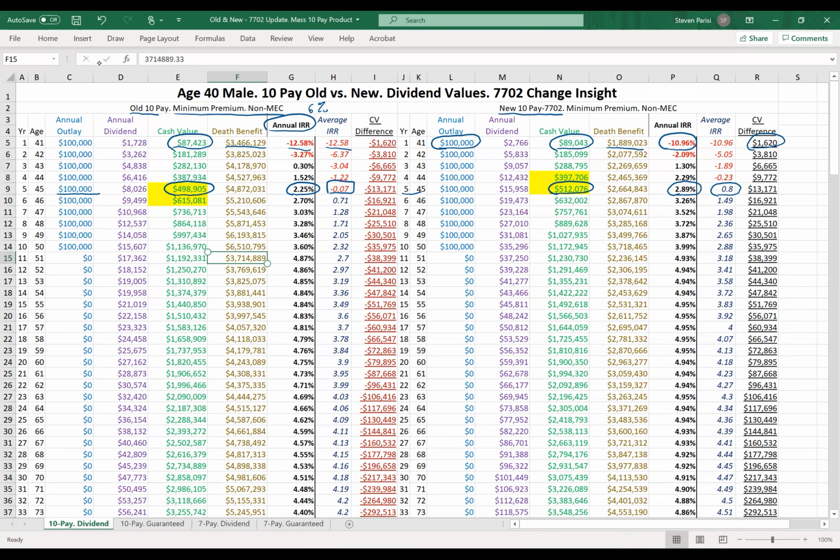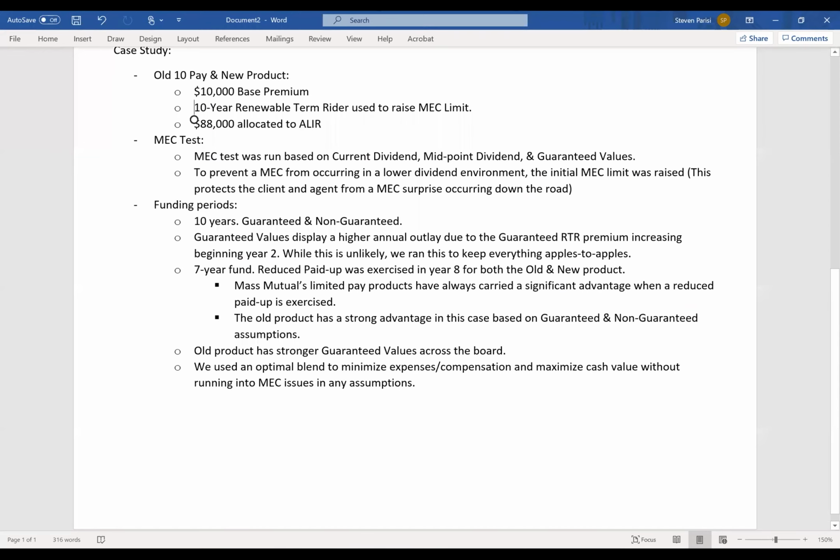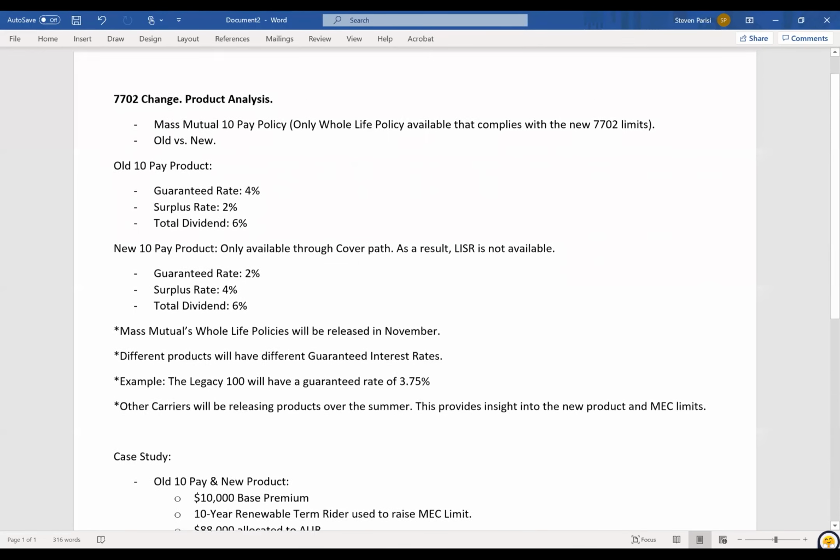Now, what I also wanted to touch on here is the dividend column. Right off the bat, you notice a difference there. Now, why is that? Because the dividend rate is 6% with both of these examples. If we go back to our Word document that we started with, you may recall this.